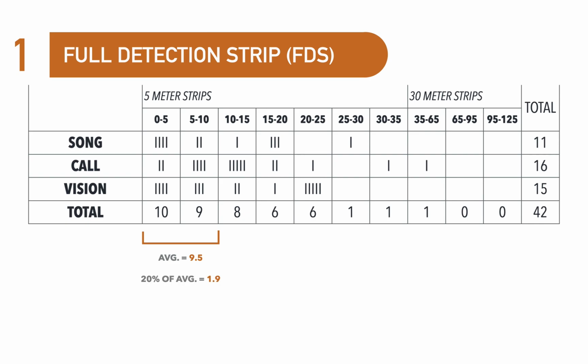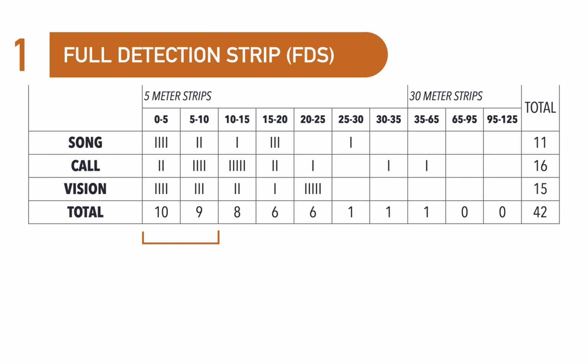Then we need to determine if the drop from the average to the next detection strip is greater than 20%. In this case, that would be 9.5 as the average, minus 8 the next detections, which is only 1.5. That is less than 1.9. Therefore, this is not the full detection strip. We need to assess more data.